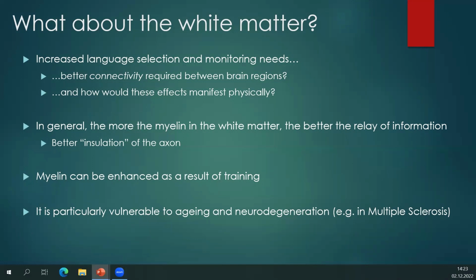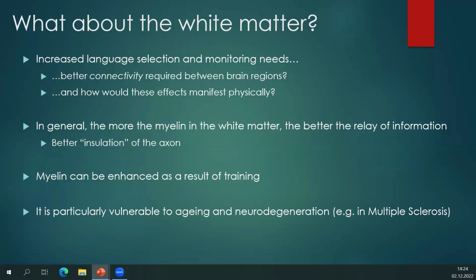We talked about insulation of the axon so that the information doesn't escape. So the more you have of it, the better the insulation. And we also know that myelin can increase as a result of training. We saw that at the beginning, right? The more intense the training, the more sustained, the more myelin you have. And you don't lose it as well, right? Because you need to keep practicing the skill.